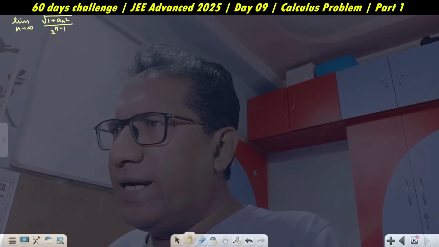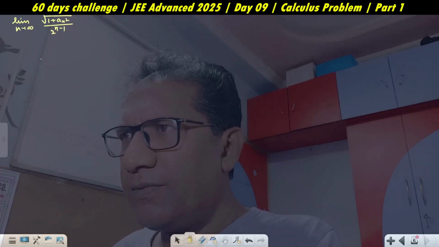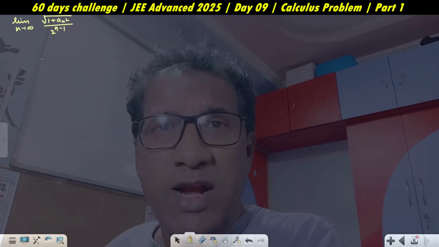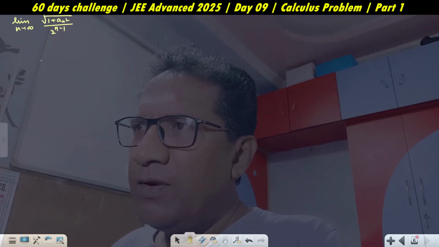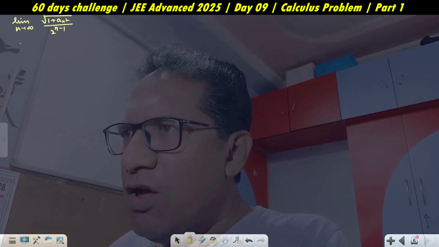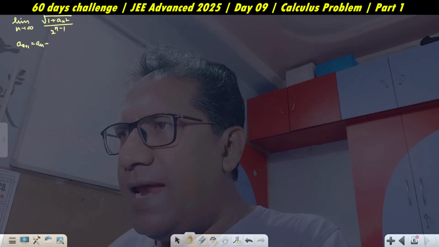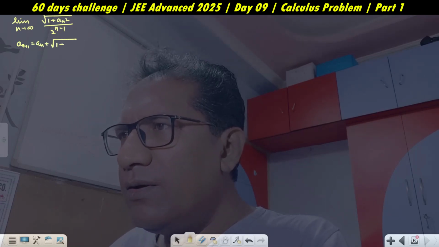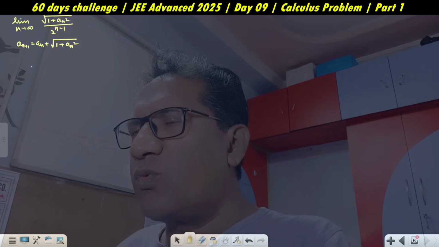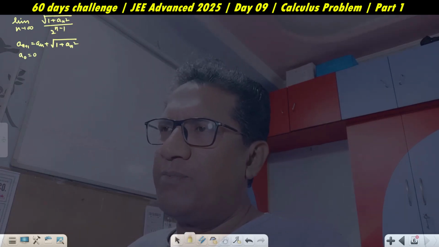Now we have to get rid of this root sign. To do that, I will take help of trigonometry. We have been given that a(n+1) is a(n) plus root over 1 plus a(n) square, and a0 is 0.